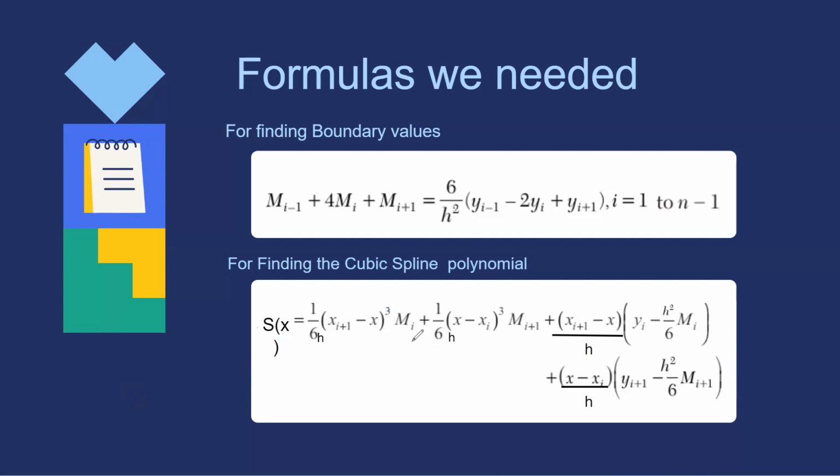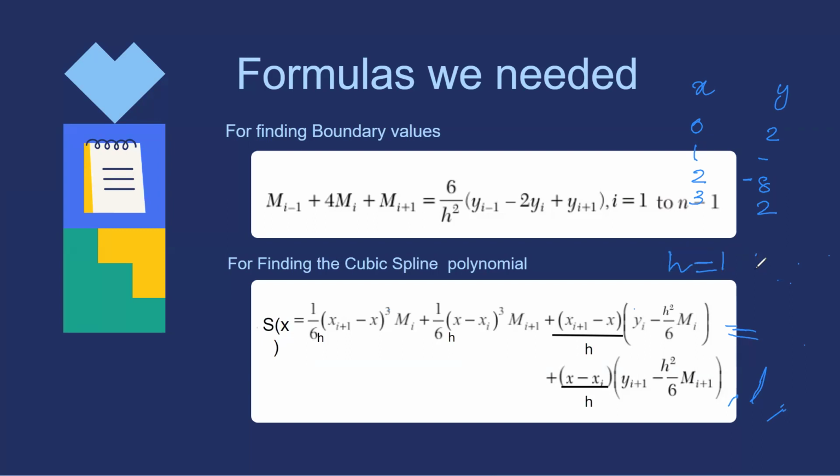Here our step size is 1 because our x points are 0, 1, 2, 3, and y points are 2, -6, -8, and 2. So from these points we get h is equal to 1.